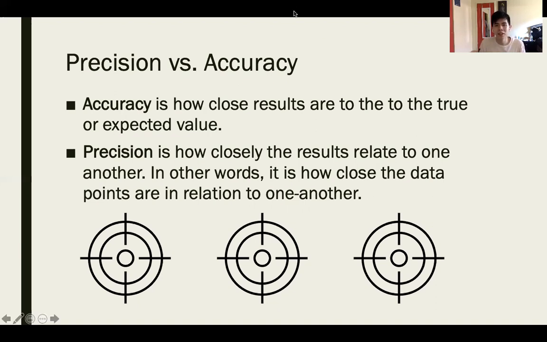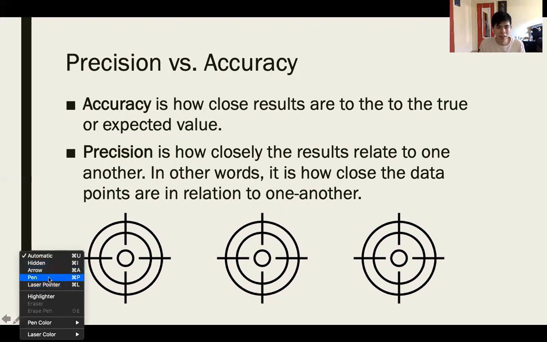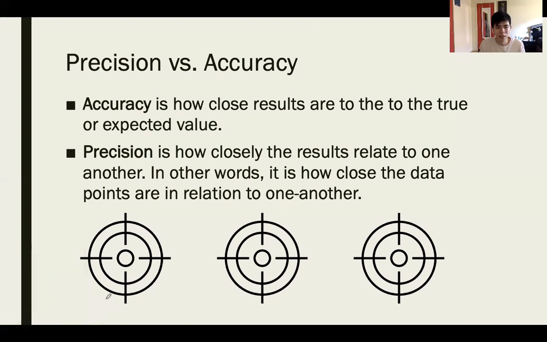In order to clarify this a bit more, let me go ahead and draw here. Let's look at this first target. Let's say one time we shoot here, one time we shoot here, and one time we shoot here. Would you say that this target is accurate, precise, neither, or both?